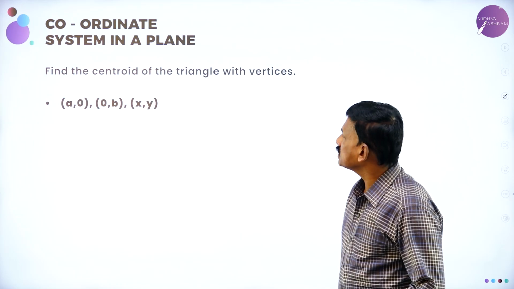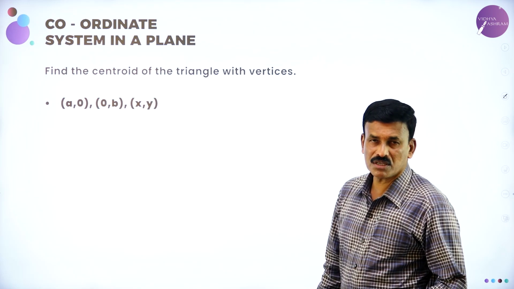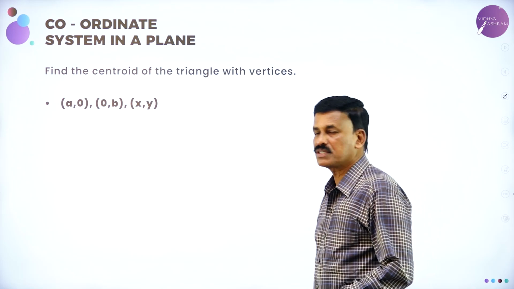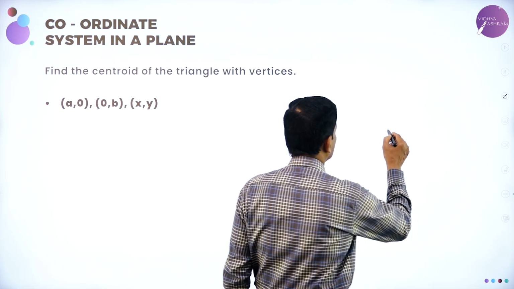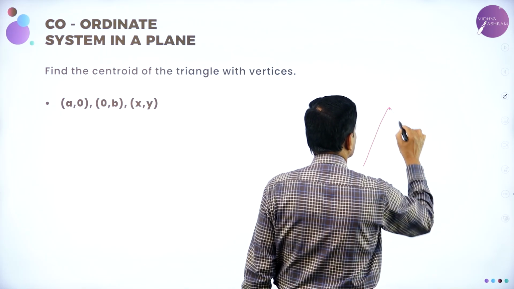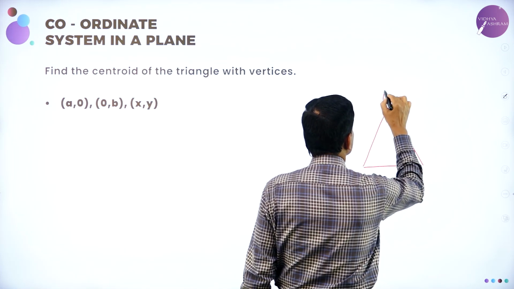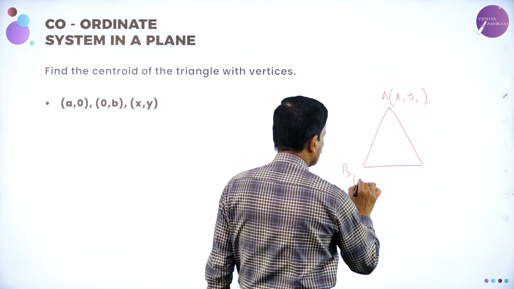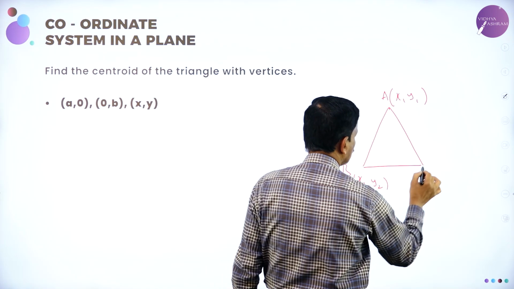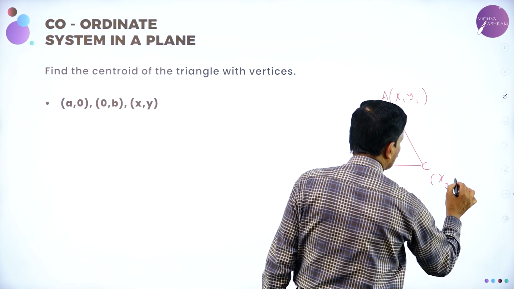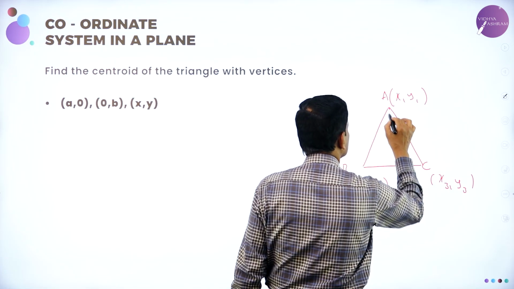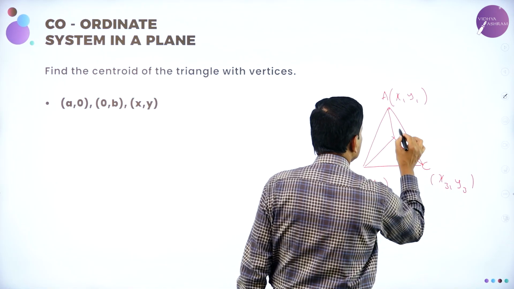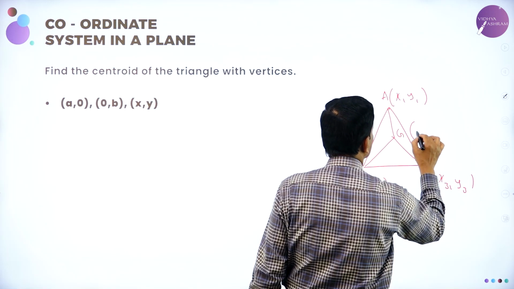Find the centroid of the triangle with the vertices. Now in the last class we have discussed regarding the formula for centroid. Let me recall the formula for centroid. The centroid of a triangle formed by the points A x1 comma y1, B x2 comma y2 and C x3 comma y3 is, this is the centroid G. What is the formula for the centroid?